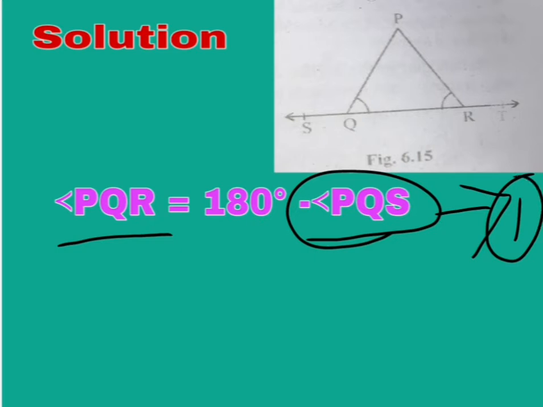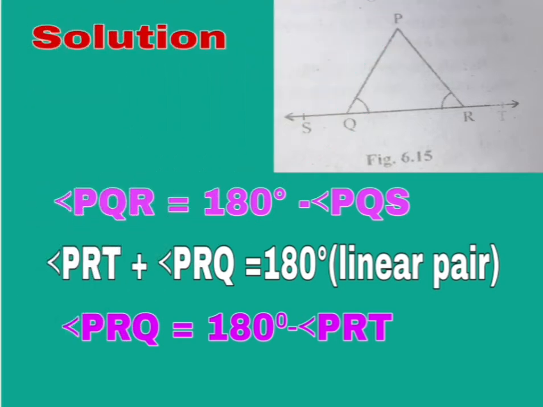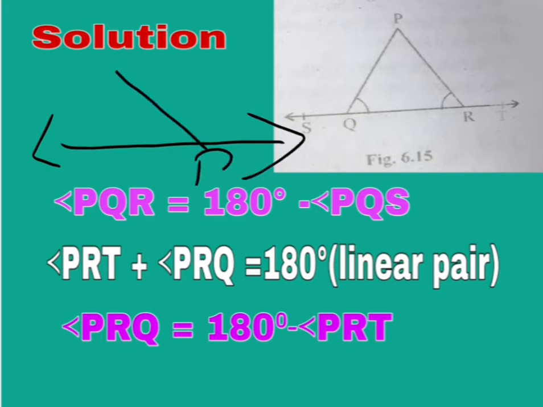Okay. So in the second part of the solution, again on this straight line ST we are going to consider our ray PR. By this ray PR, again we are getting two angles, that is angle PRQ and angle PRT.